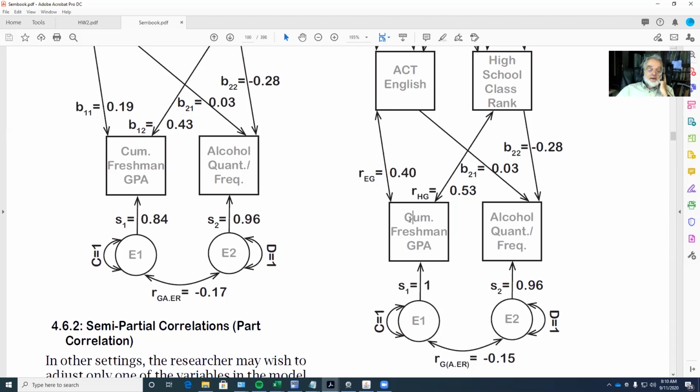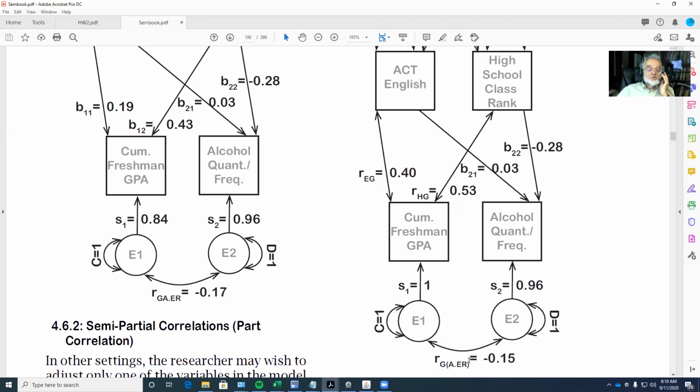Why might you do that? Well, in terms of words, this is a semi-partial correlation. Why might you do that? Well, I might be interested in knowing if this variable provides any unique association with the criterion after adjusting this variable for these two things.